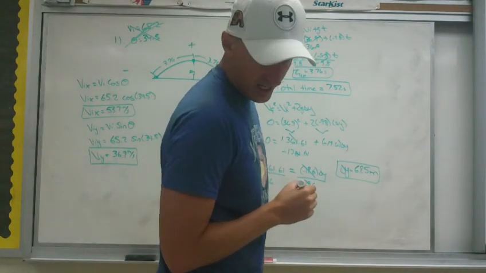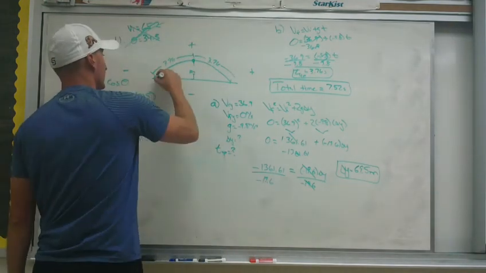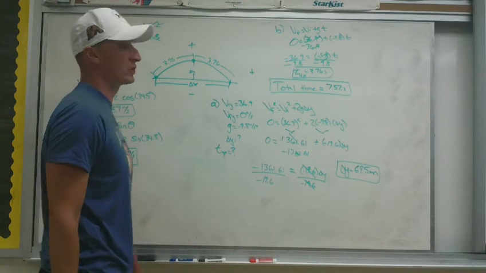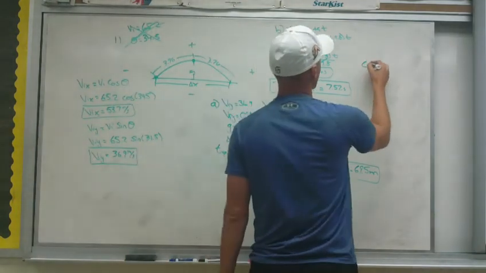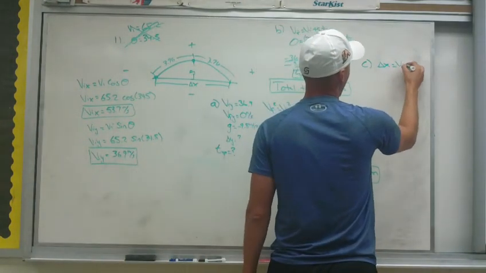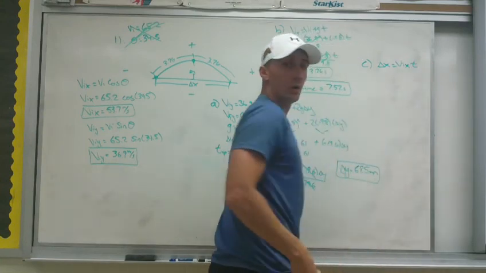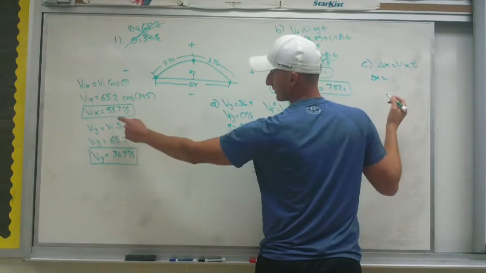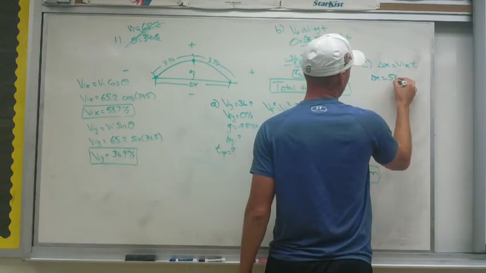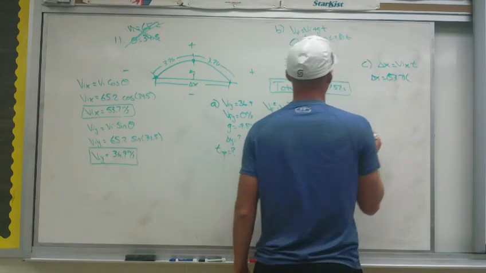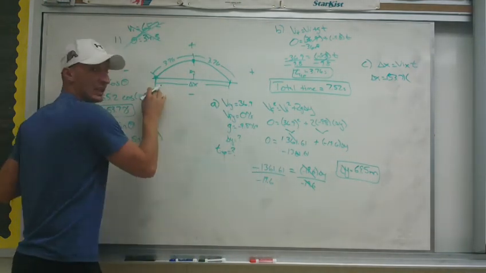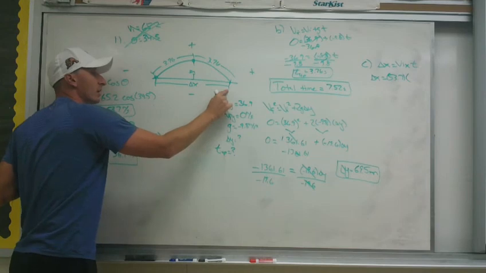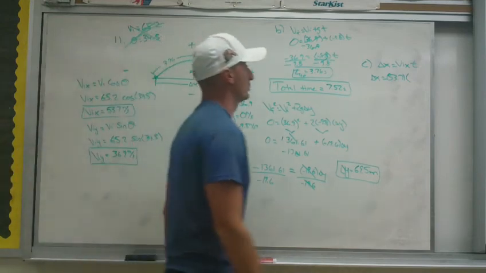Letter C says the total horizontal distance covered. Horizontal distance is delta x. We want to know how far that projectile is shot. Again, in x motion, this is the only equation you have. Now we know everything, so we can plug in. Delta x, VIX from the start is 53.7. For T, we want to use the total time because the projectile is in motion the entire time it's in the air, so I use the 7.52 seconds.